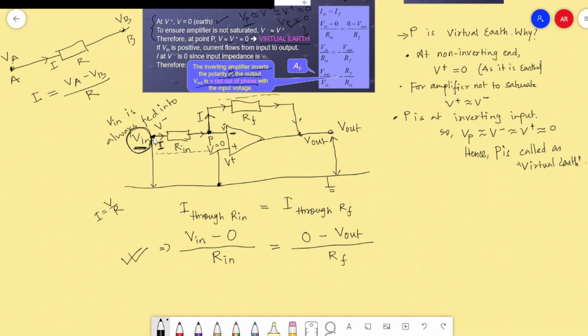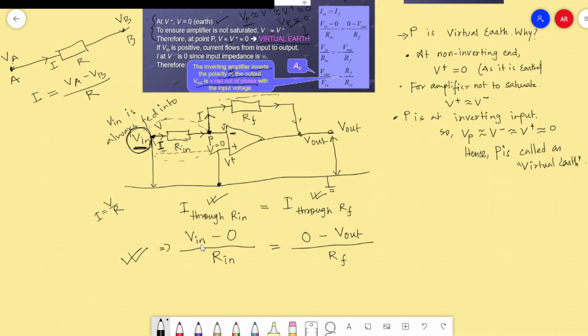The same here. This is the end where the input voltage is supplied. This is the point where the voltage is 0 because P is at virtual earth. And this is the resistance through which I flows. The current through the input resistance is the same as the current through the feedback resistance. The input resistance is in between two potentials: one is the input voltage, and the other is the potential at point P, which is 0.